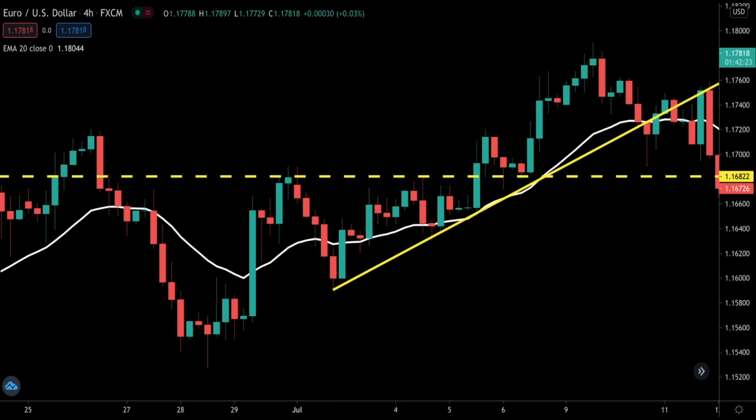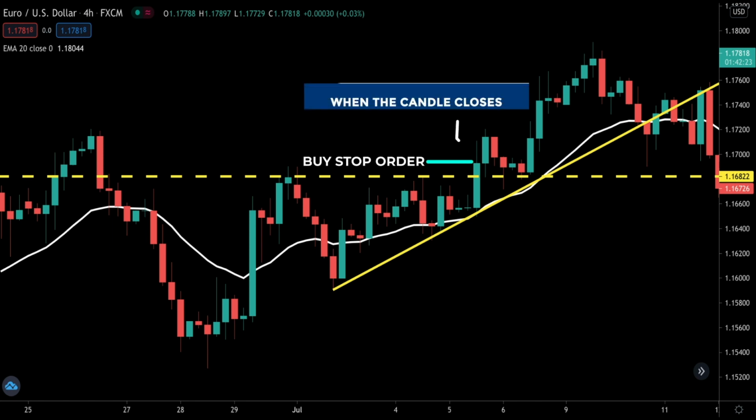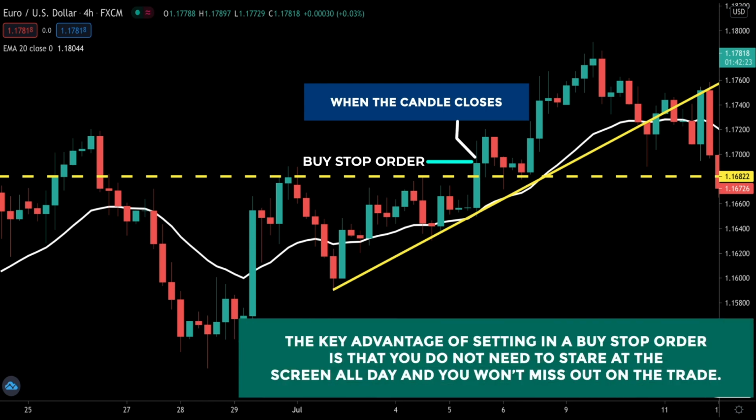Your entry could be a buy stop order at the top of the ascending triangle, or when the price closes above the ascending triangle. The key advantage of setting in a buy stop order is that you do not need to stare at the chart all day and you won't miss out on the trade.